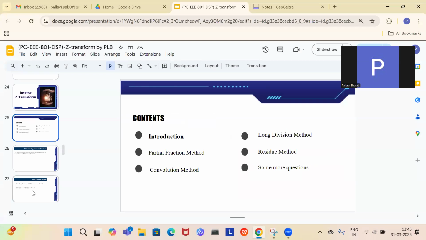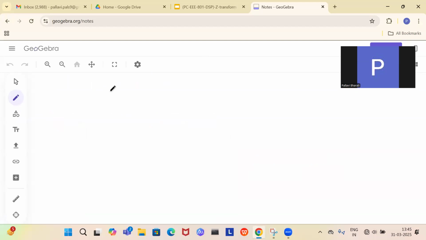So the question says: using the long division method, determine, this is the question, using long division method, this is how the question will be given to you also.